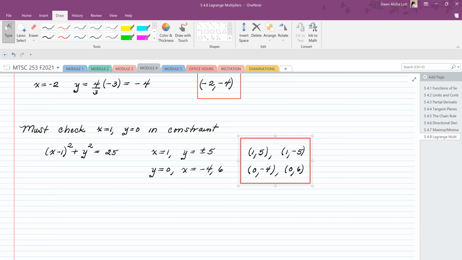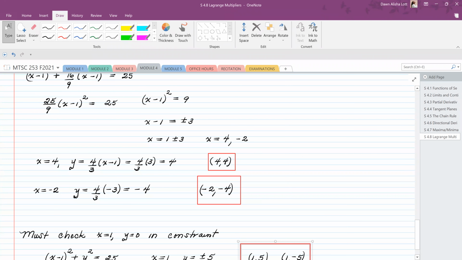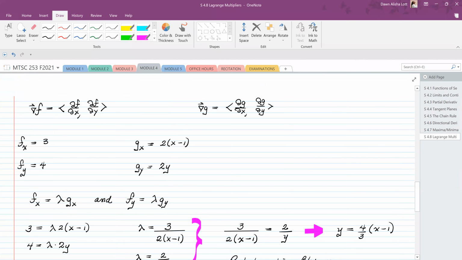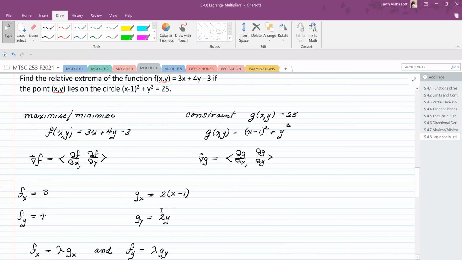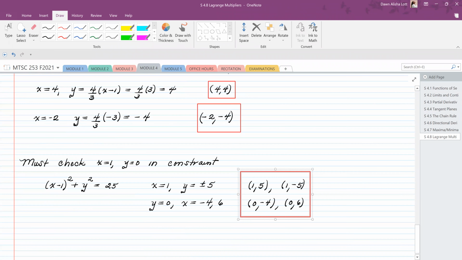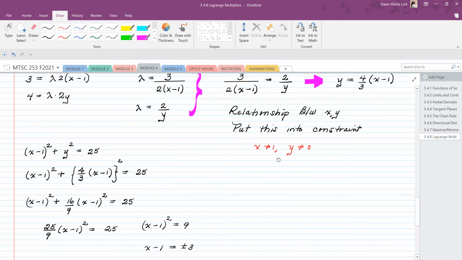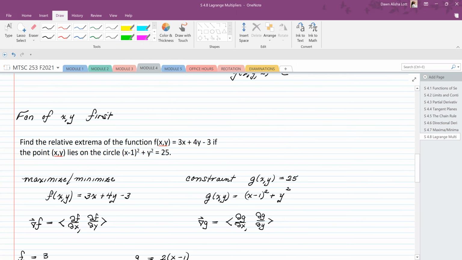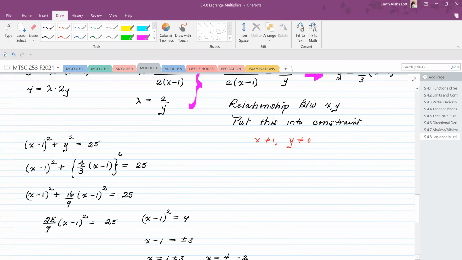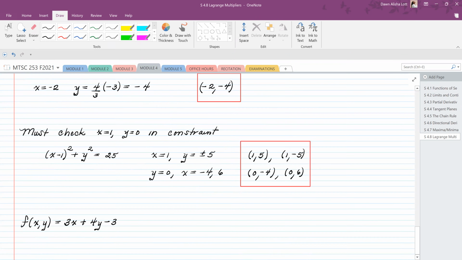Okay, so now our function f of x, y was 3x plus 4y minus 3. Yes. Okay, so the first point that we have is 4, 4.